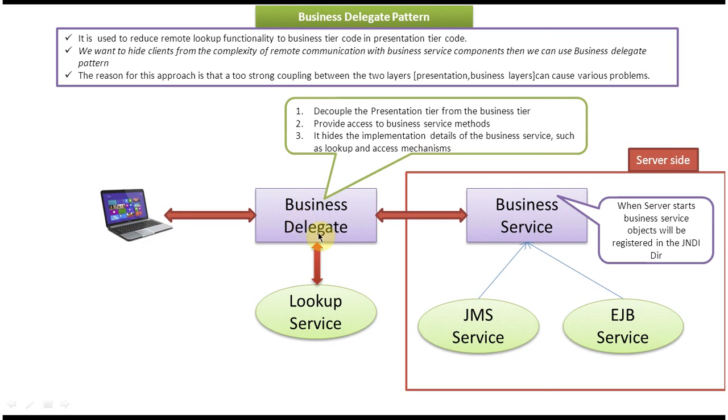The business delegate will use the lookup service, which has code like JNDI lookup. Using the JNDI lookup, it will find the JMS business service object, and once it gets this object, the business delegate can access methods in the business service object. So like that it will work.